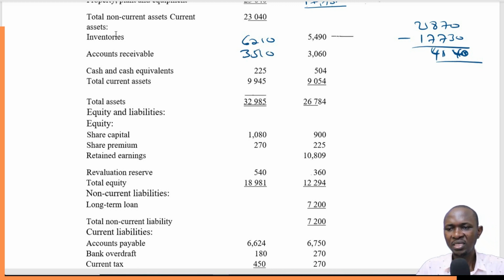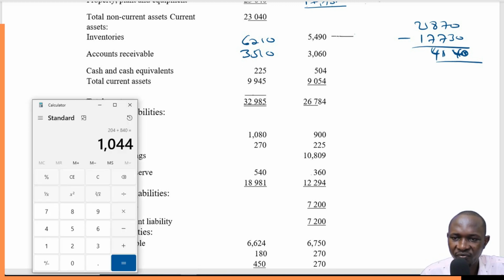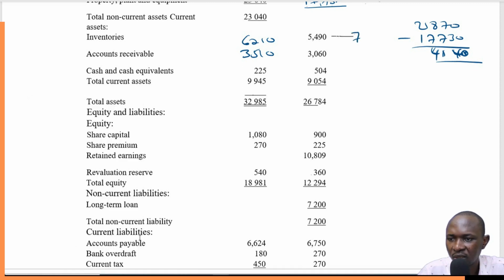So when you look at the changes, inventory moved from 5490 to 6210. That is 510 plus 210, I think is 720. But let's just work it out with the calculator, it makes life easier and accurate. 6210 minus 5490 gives us 720.